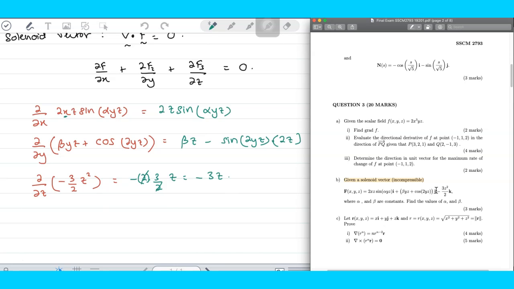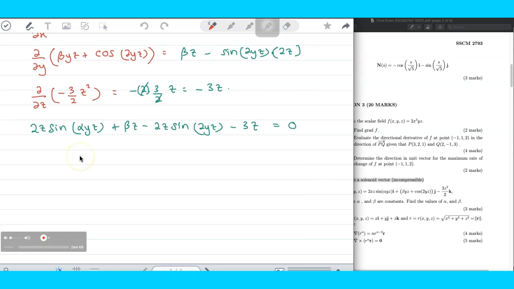So you have to total them up: 2z sine alpha yz plus beta z minus 2z sine 2yz minus 3z equal to 0.